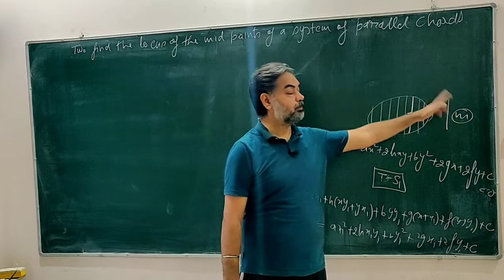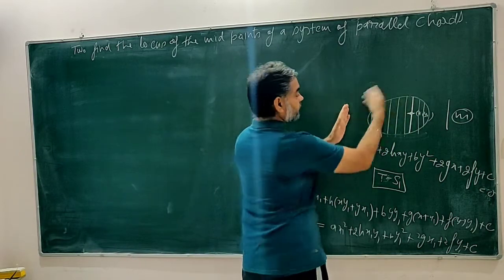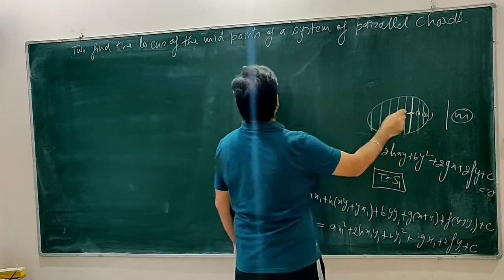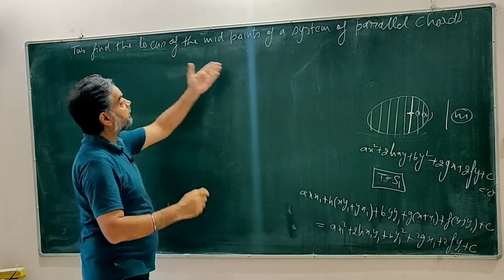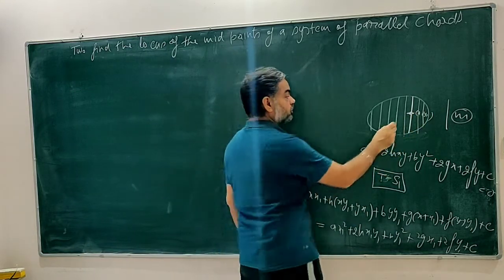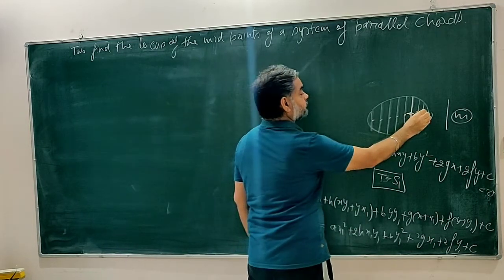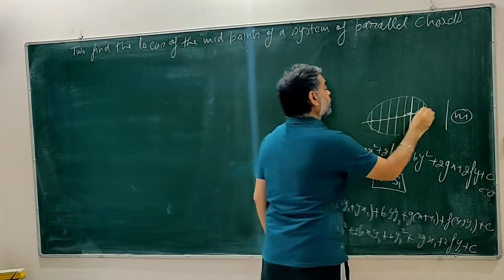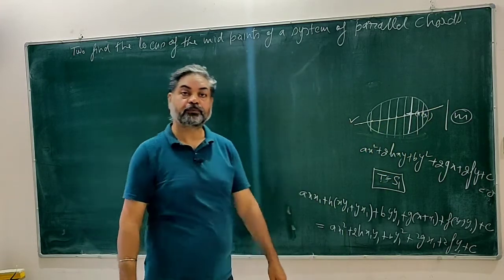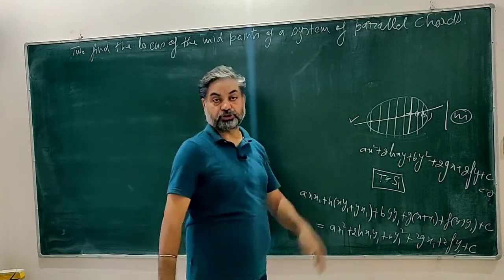We have to find the locus of the midpoints of all this system of parallel chords. So if you join the midpoints of all these chords, what would be the path? We will show that the path would be a straight line. So we have to find the equation of that straight line.